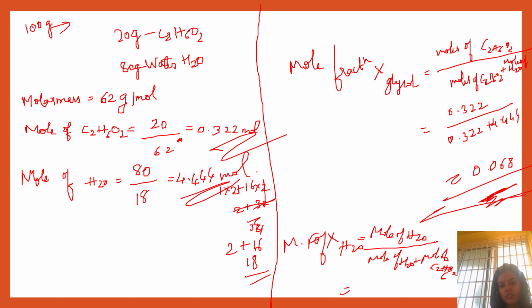That gives 4.444 divided by 0.322 plus 4.444, which is equal to 0.932. Over. That's all.